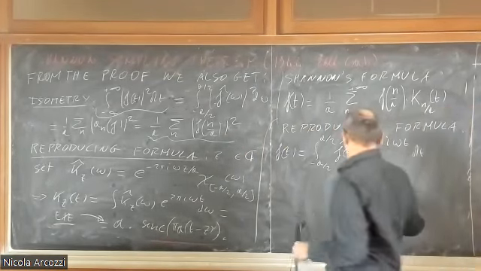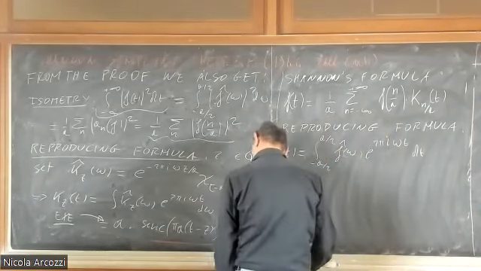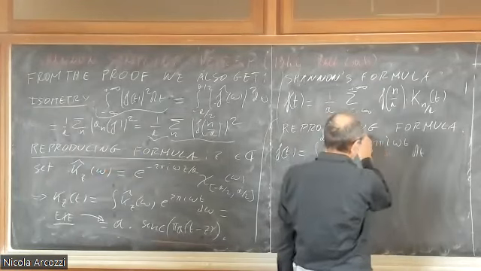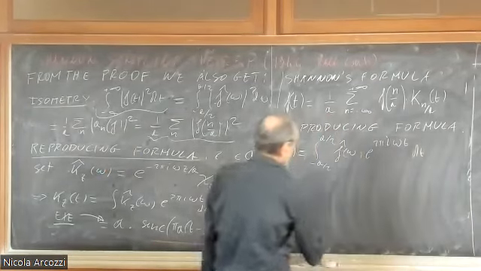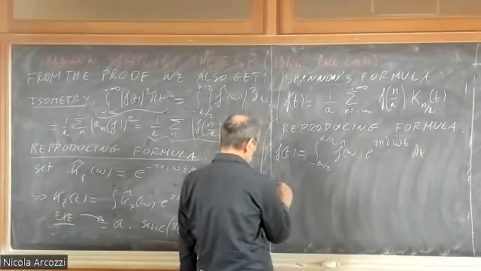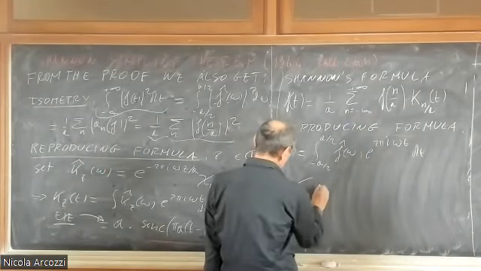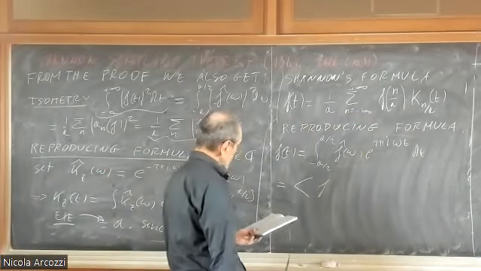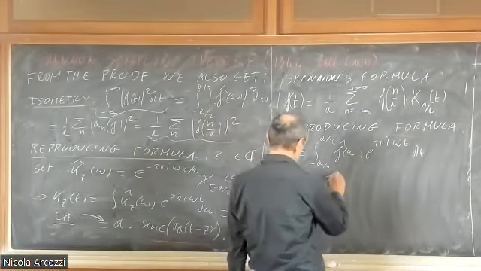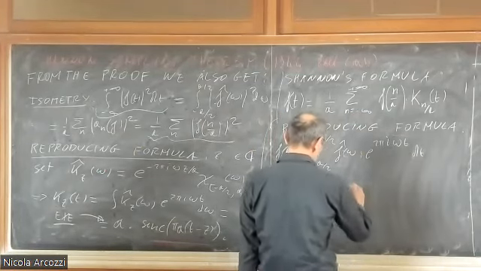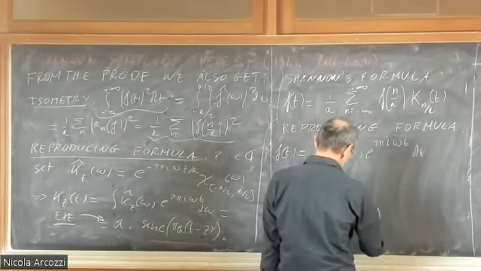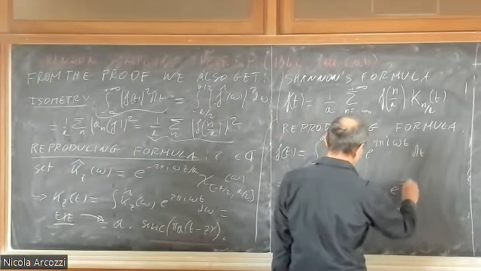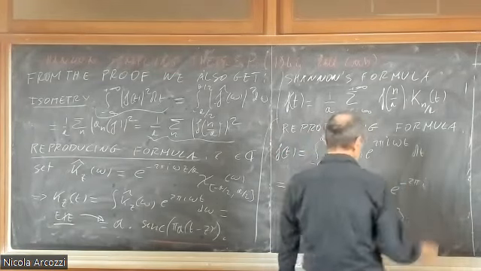Okay, this is the inner product. So let me write this. This is the inner product between f hat and the function e to the minus 2 pi i omega t.